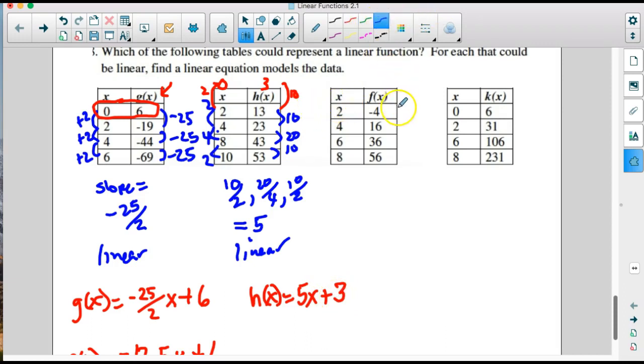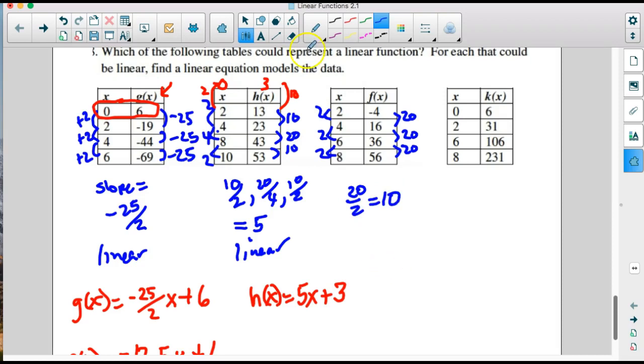Let's just check to see if it's the same first. So these are 2, all of them. This one goes up 20. This one goes up 20. This one goes up 20. So this is also linear because it's the same all the time. It's just always 20 over 2, which is 10.